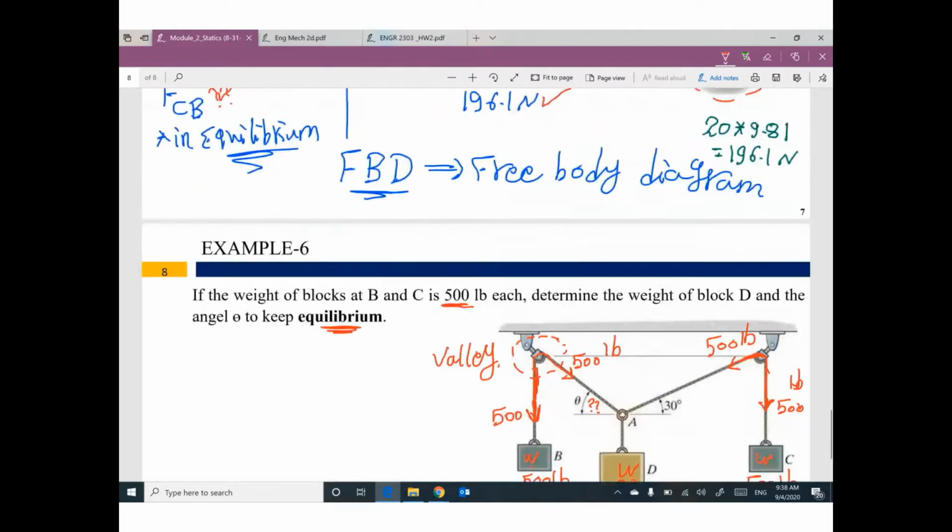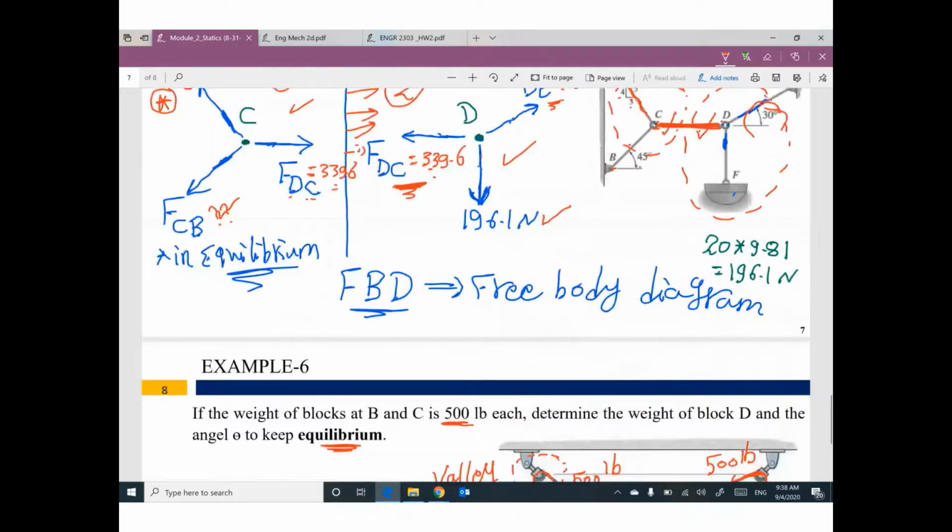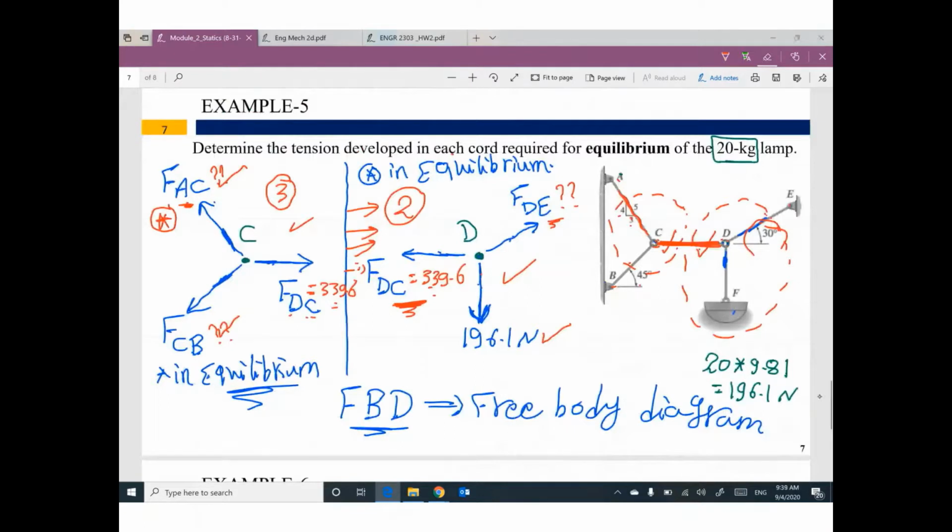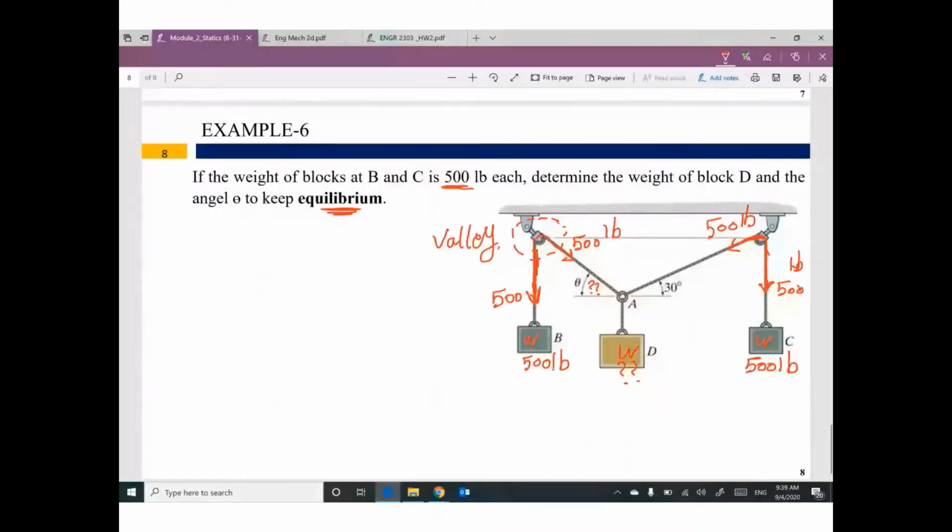If you go back to the previous problem, if you are talking about the same cord or the same rope, from this side we have a force, from the other side we have a force, the same value but in opposite direction. This force FDC and this force FDC, the same value but in opposite direction. So we have a force of 500 here, and also a force of 500 here in the opposite direction.